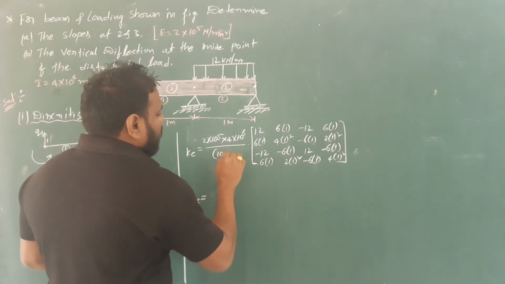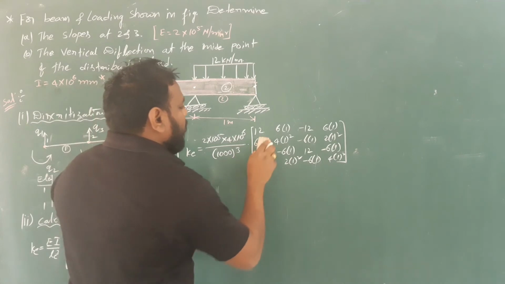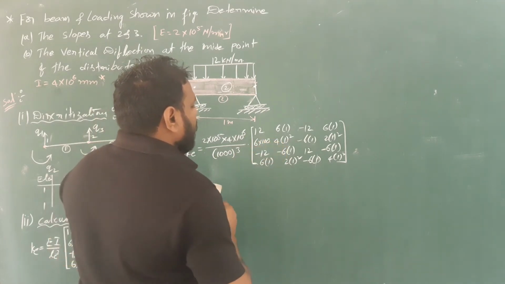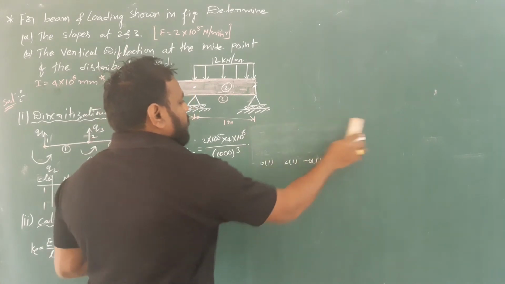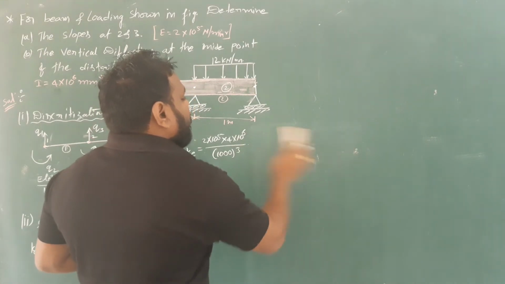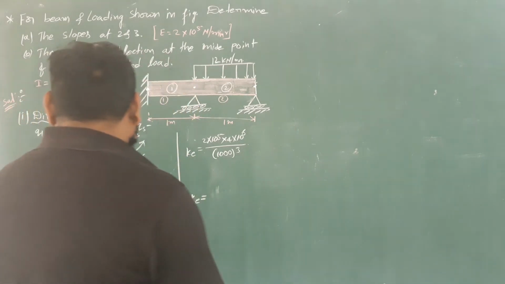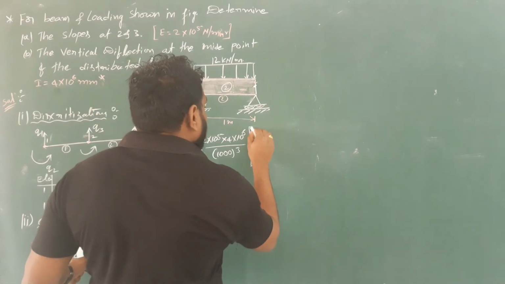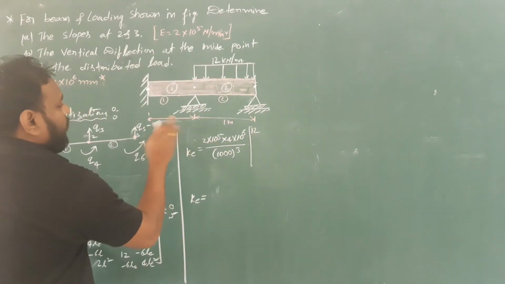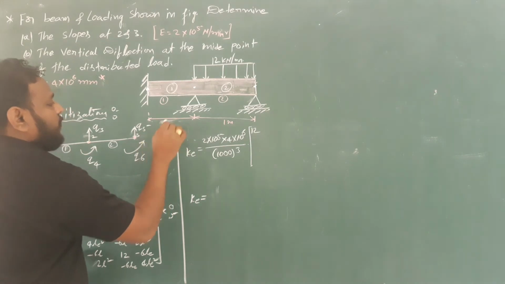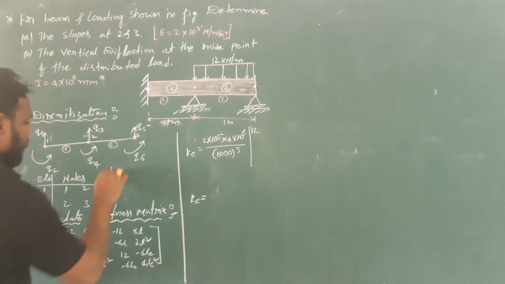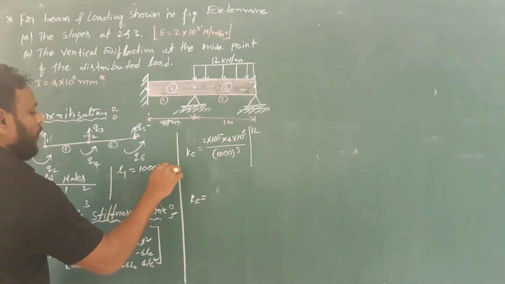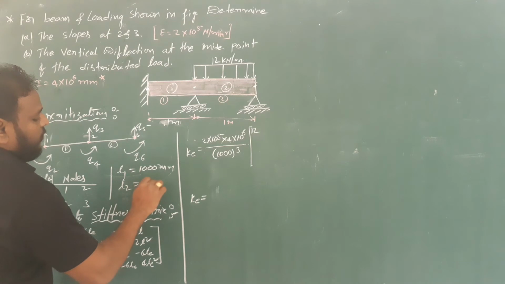Because the length is in meters, I will change the entire equation and substitute all in mm. This becomes 1000 mm. So write L1 is equal to 1000 mm, and L2 is also 1000 mm.